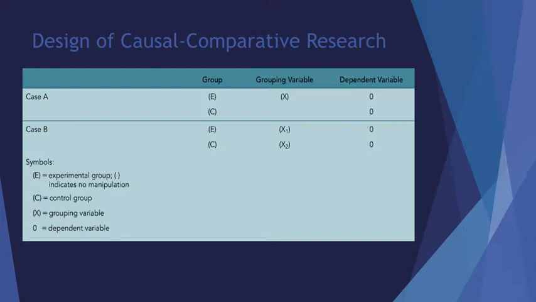So, for instance, in case A, you may have a child that has brain injuries compared with a child that has no brain injuries. However, case B is a comparison of two groups, with one group composed of individuals with strong self-concepts and the other composed of individuals with weak self-concepts. In both case A and case B designs, the performance of the groups is compared using some type of instrument.